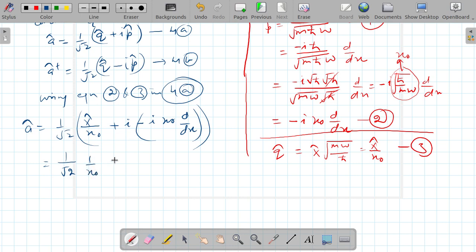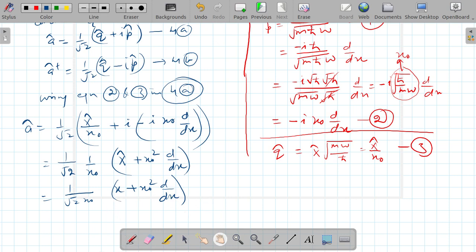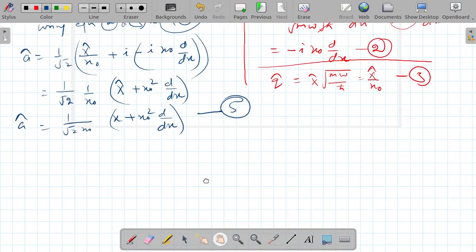So it is 1 over x naught, x operator plus x naught square d over dx, and it is 1 by root 2 x naught, x plus x naught square d over dx. So that's what I'm getting. So the A operator comes out to be this one, and similarly one can derive A dagger is equal to 1 by root 2 x naught, x minus x naught square d over dx.